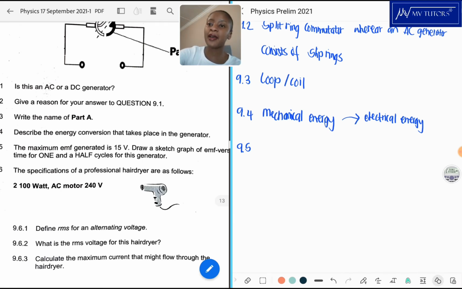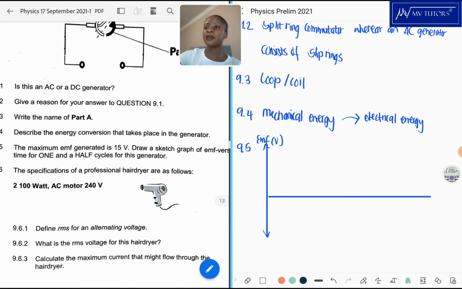So we have the vertical axis there, horizontal axis. On the vertical, you have EMF, because they did say it's an EMF measured in volts versus time. Time is normally in seconds.